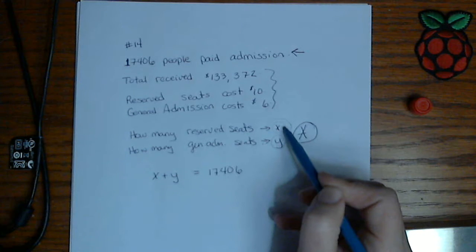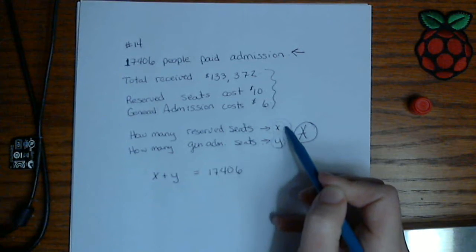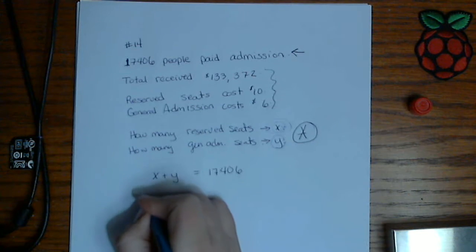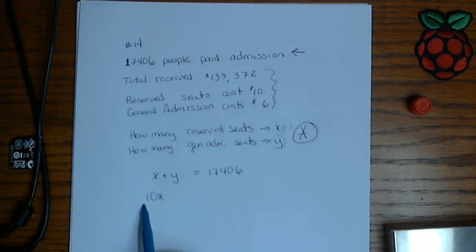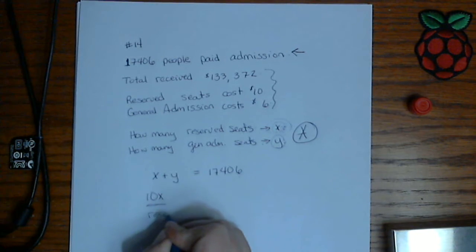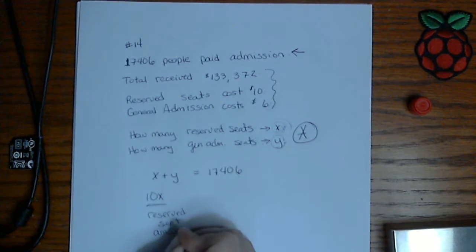Okay? So the total amount received just from the reserved seats, if I had X reserved seats, would be X seats times $10. So 10X. And that would be the amount received just from the reserved seats. So that's the reserved seat amount collected.